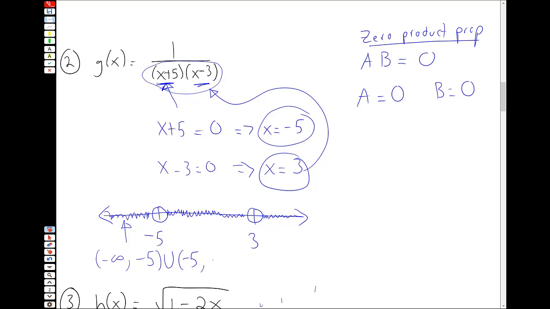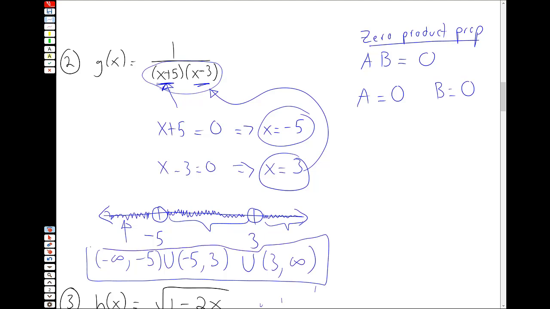Negative 5 to 3, which is this chunk here, union this chunk right here, that's 3 all the way to positive infinity. So this would be the domain of this, what we're going to later call a rational function.